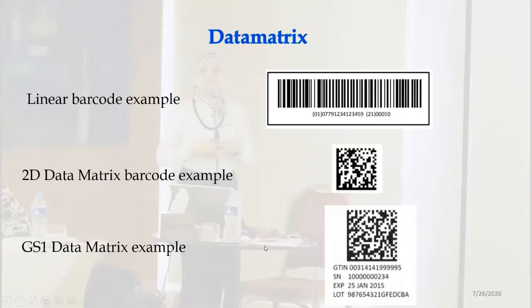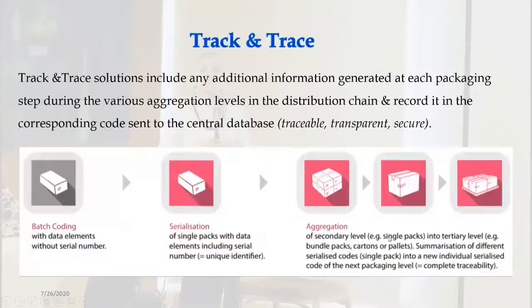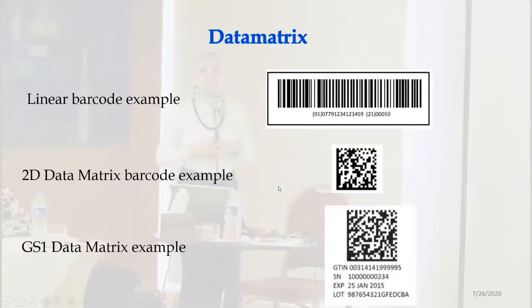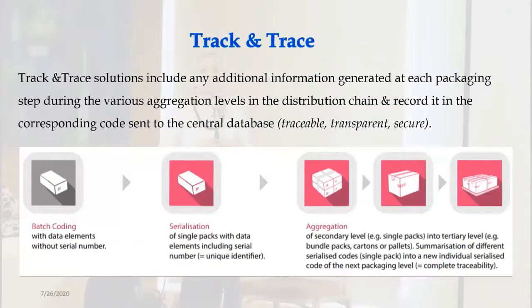But nowadays, most of the health authorities ask for the GS1 data matrix example, in which we have to mention the GTIN, the serial number, the expiry information, and the batch number or the lot number. With serialization, we can track and trace our medicinal product, and as we said, we will protect our product from counterfeit.